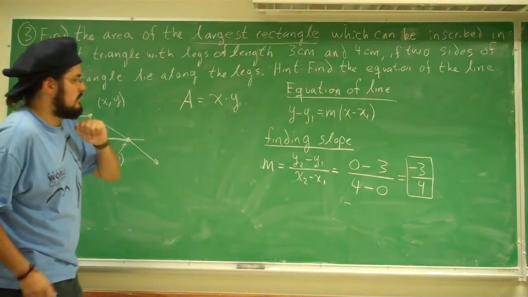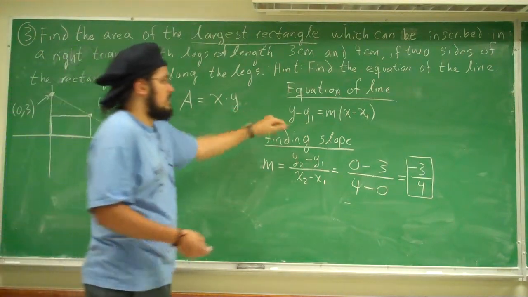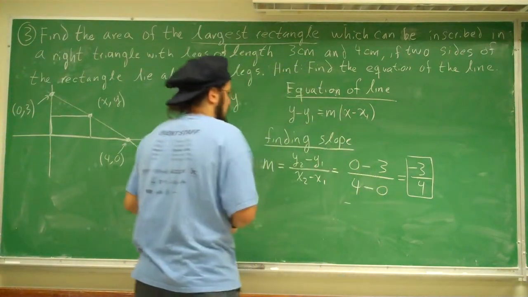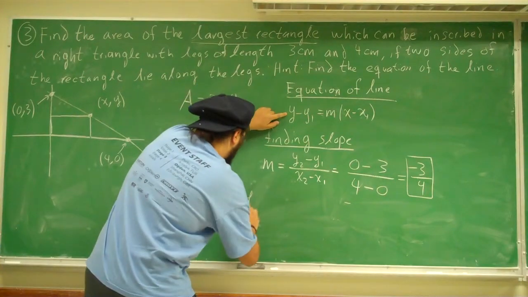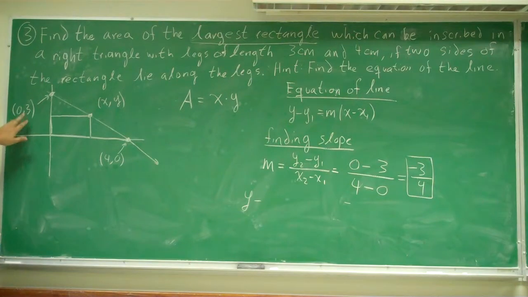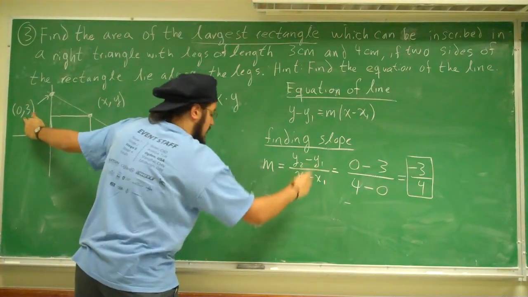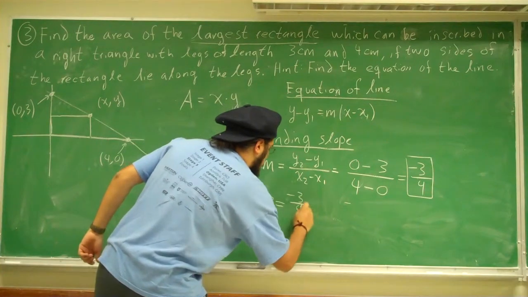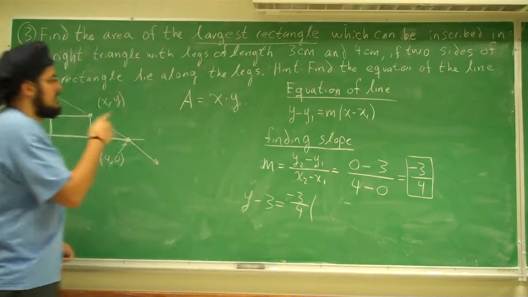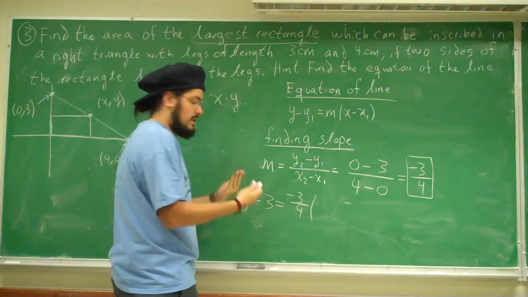Okay, so we have the slope, and we have a point, so we can find the equation of the line right here. So y minus y1, let's use this point, so this will be our 3, equals m, which is minus 3/4, times (x minus x1). That's our x1, so it'll just be x minus 0, that's just x.